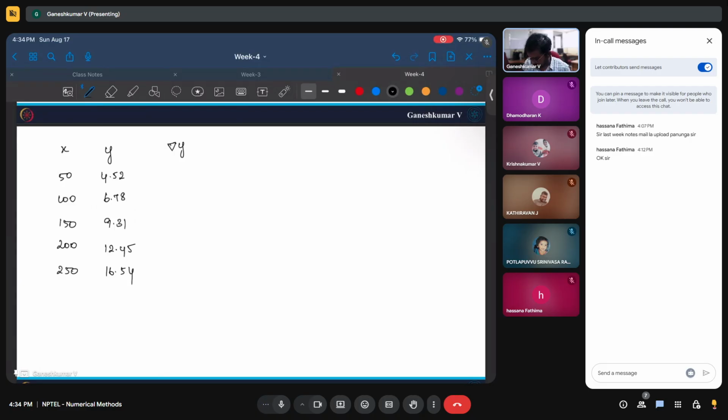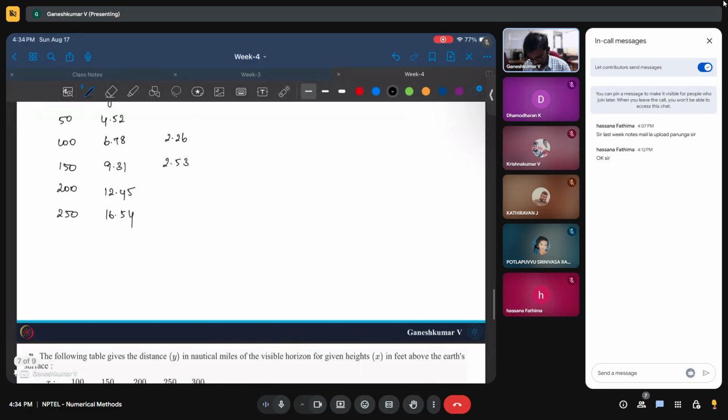If you do that, it's going to be 6.78 minus 4.52, which will be 2.26. And similarly, 9.31 minus 6.78 is going to be 2.53, and 12.45 minus 9.31 is 3.14, and 16.54 minus 12.45 is 4.09.